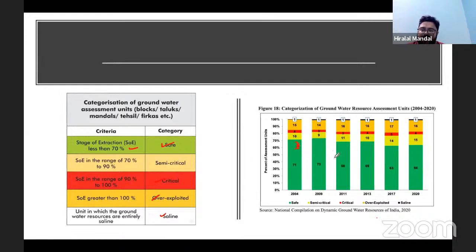Now the safe zone of the country is continuously dwindling. At one point of time, 71% was in the safe areas, but now it has come down to 64% only. That's the change you can see in the data.